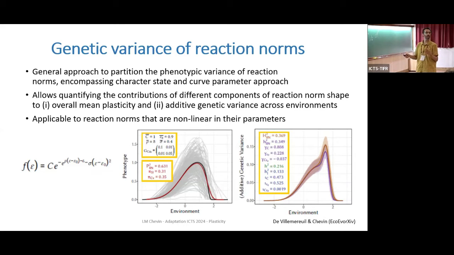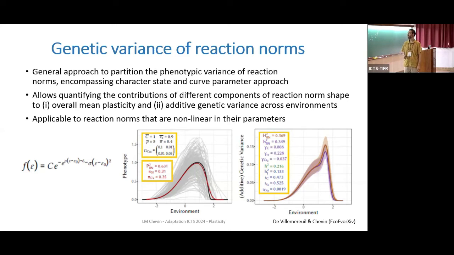You have a center position parameter, then you have an asymmetry parameter, etc. You don't necessarily have to pay attention to the whole thing. It's just that you can estimate contributions of these different parameters to the overall genetic variation of the trait across environments.